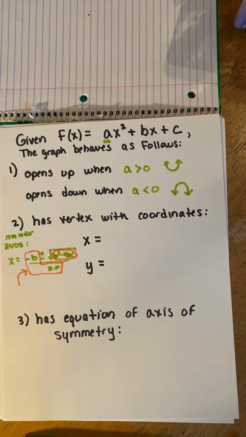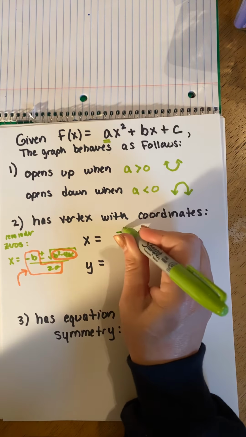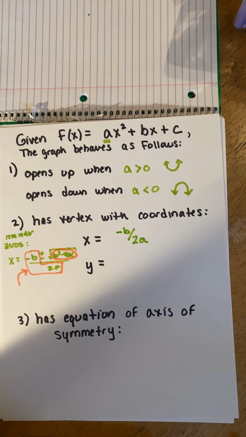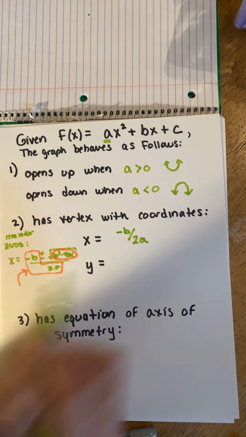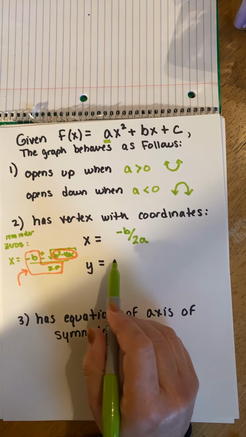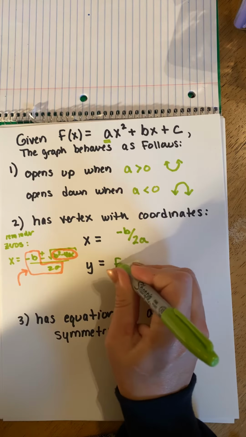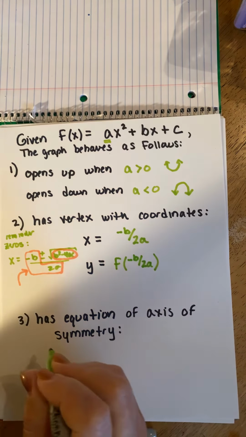So the x-coordinate of the vertex is always the opposite of the coefficient in front of the x term, all over 2 times the leading coefficient. So this part of the quadratic formula gives us the x-coordinate of the vertex. And to find the y-coordinate, because the vertex is an ordered pair, you're going to plug this number back into the function to find the y value associated with it.